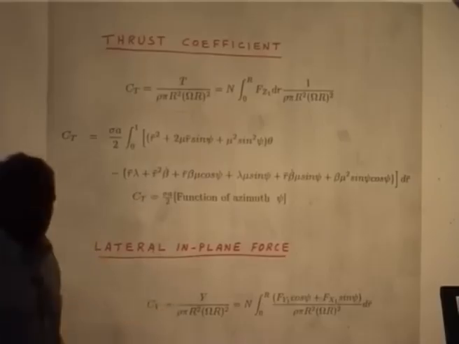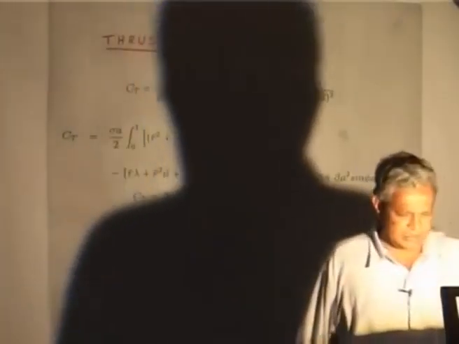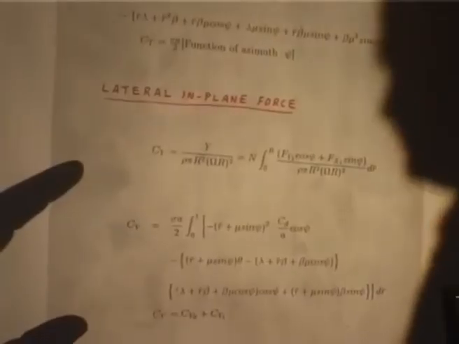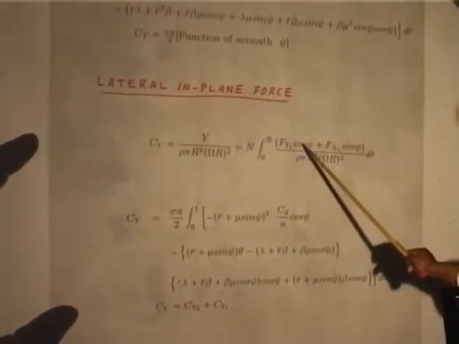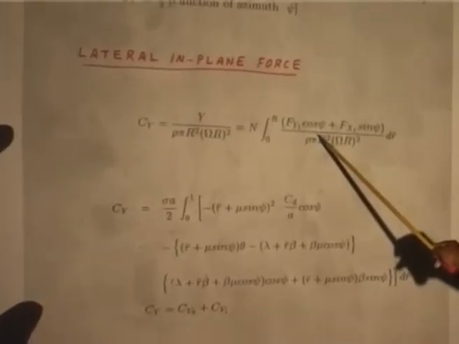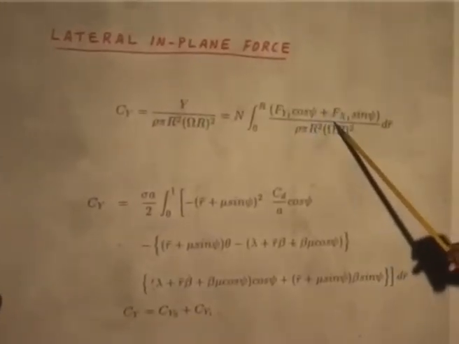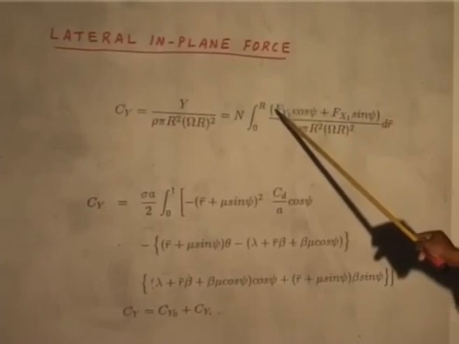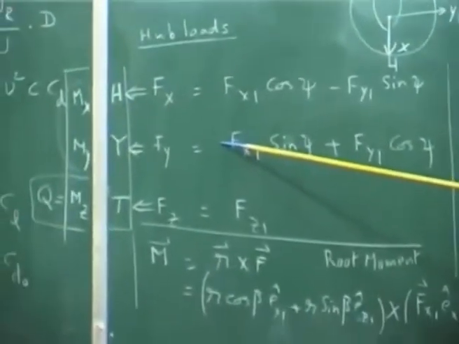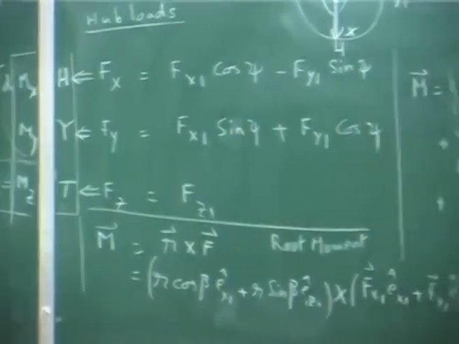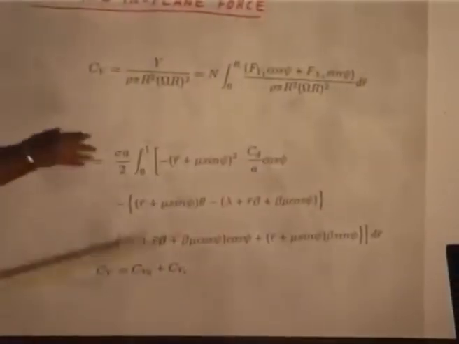Similarly, when you go to lateral, that is the in plane force, Fy1 cosine psi, Fx1 sin psi. This is basically Fy, the side force, lateral force, and again you will have all the blades, and you are substituting.